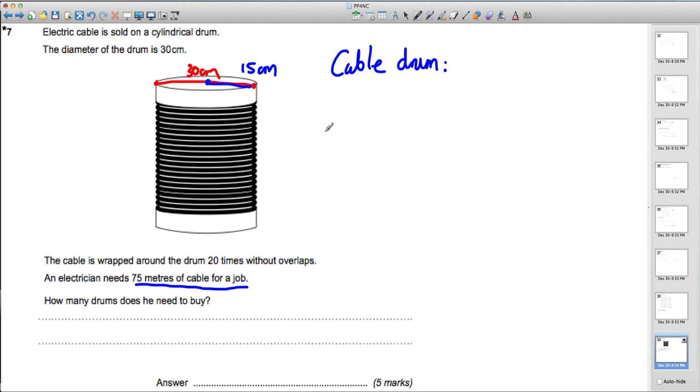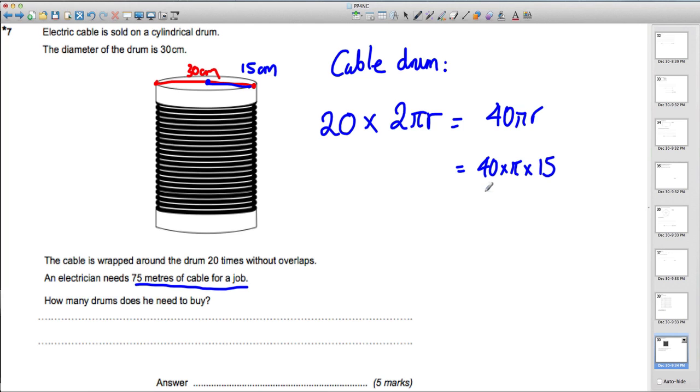The cable in the drum is 20 lots of the circumference. 20 multiplied by the circumference, because it goes around 20 times. So 20 multiplied by 2 pi r, which is actually 40 pi r, which is 40 multiplied by pi multiplied by 15 in this case. It would be 40 times 15 times pi, which is actually 600 pi, or 1885 centimeters.